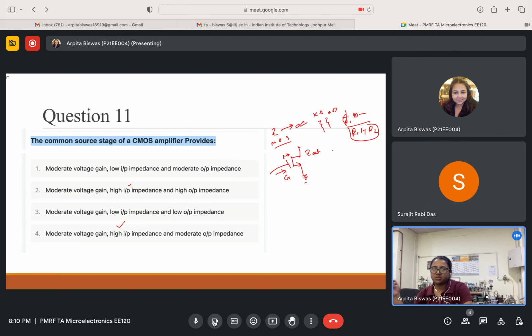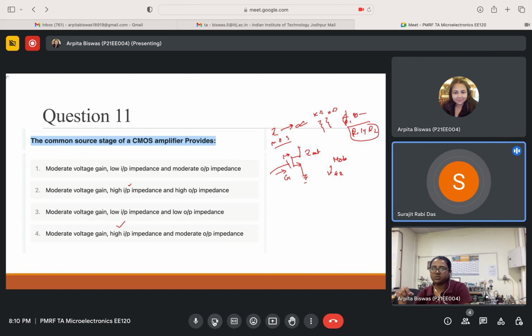In that case you can tell it is moderately high, not that much high, because it is in parallel condition. So moderate output impedance, high input impedance and moderate voltage gain.